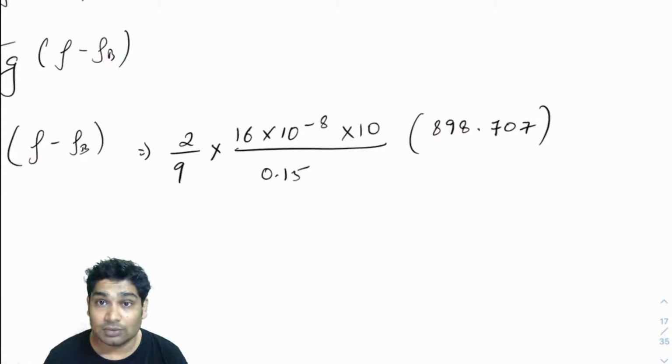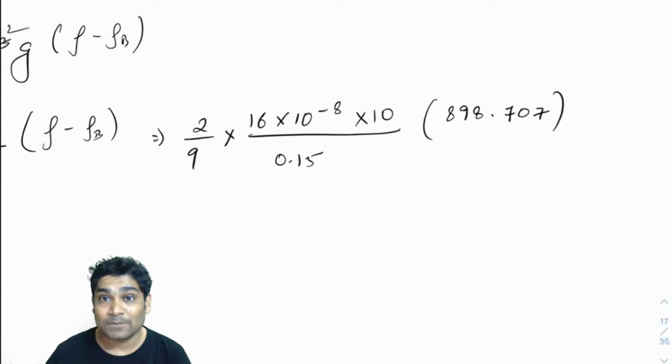So this is 2 over 9 into 16 into 898.707, and you divide this by 0.15.